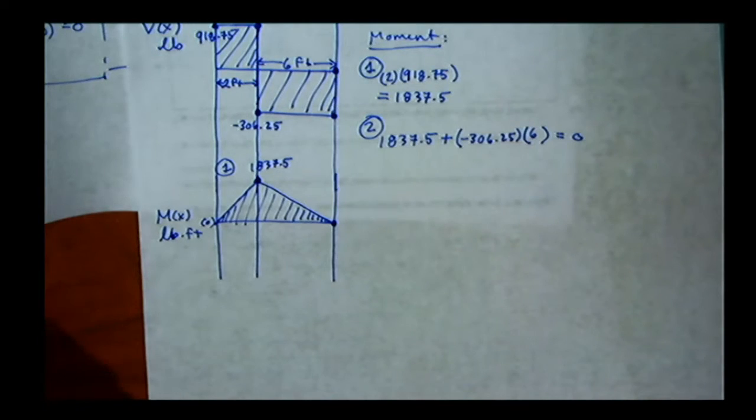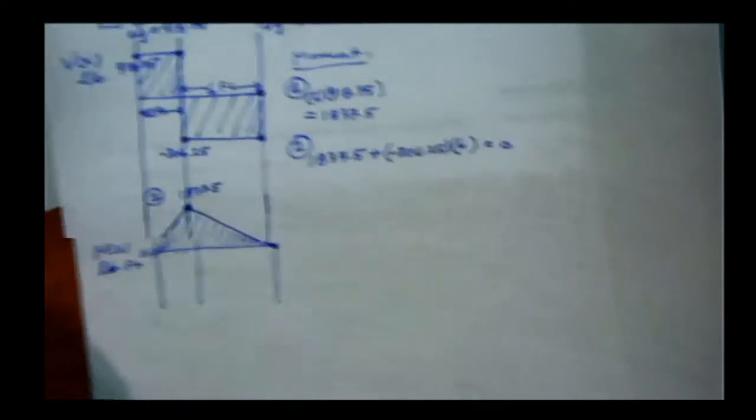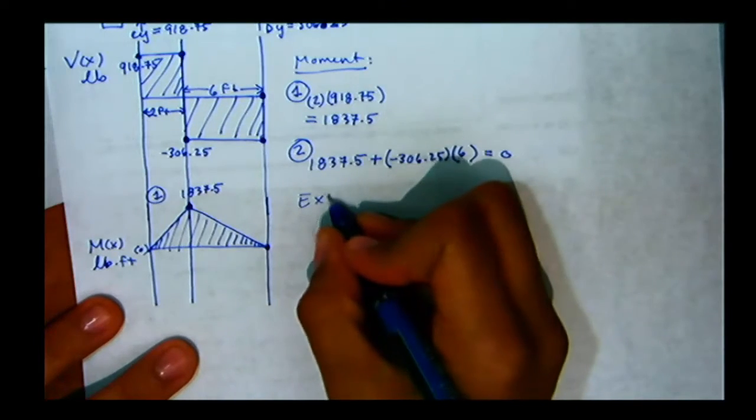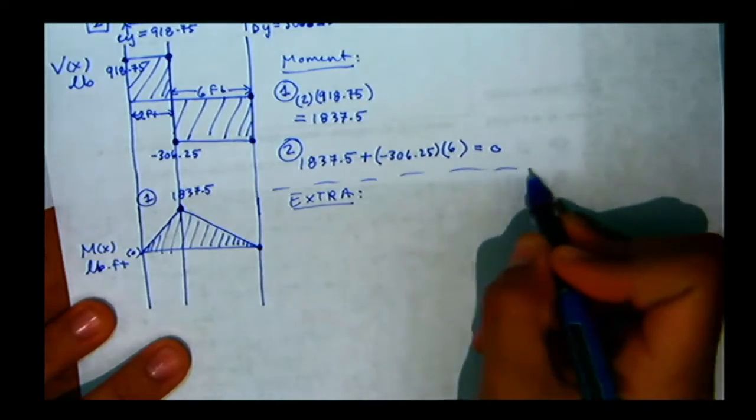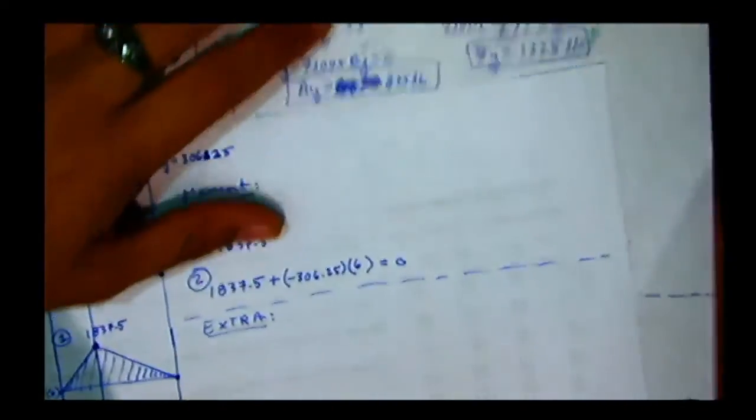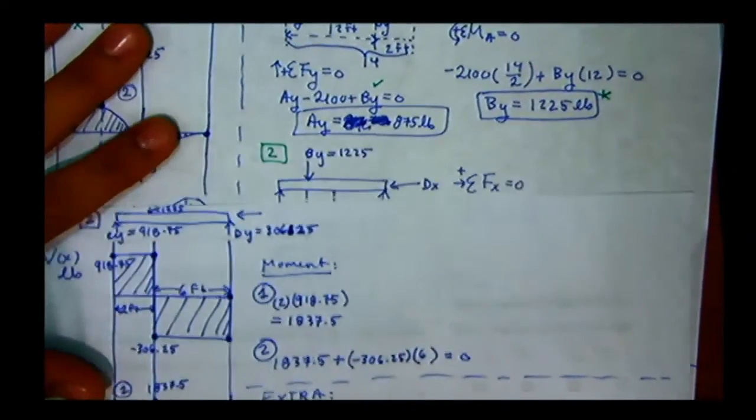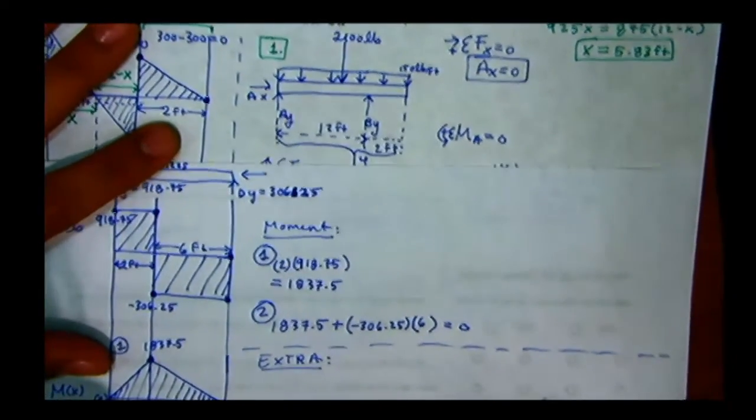Okay. So another way you could look at this is just a little extra if you wanted to. I know Mackie likes to do equations. You might like this way too, but I find the area much easier. Okay.